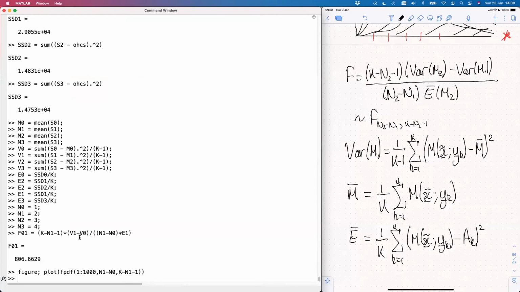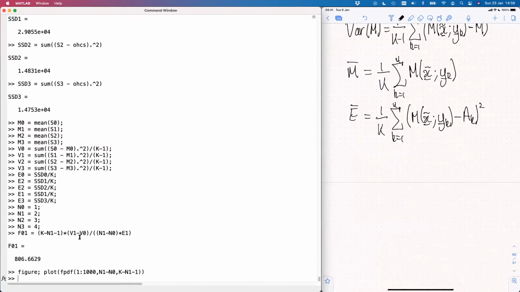Nevertheless, let's continue and evaluate a p-value associated with this test. We want to figure out the mass of that distribution that lies before the F statistic we've computed. In fact, we want to compute 1 minus that. Going back to our F distribution, suppose our F statistic is here.